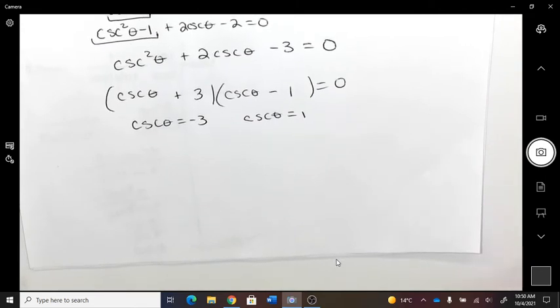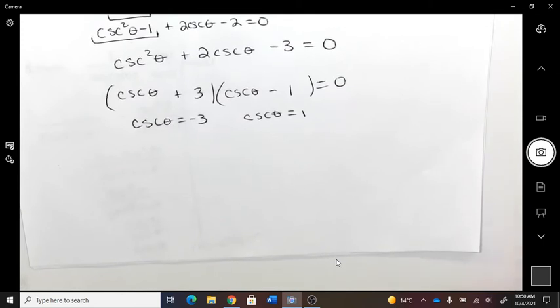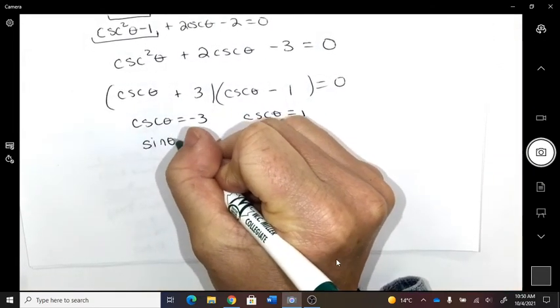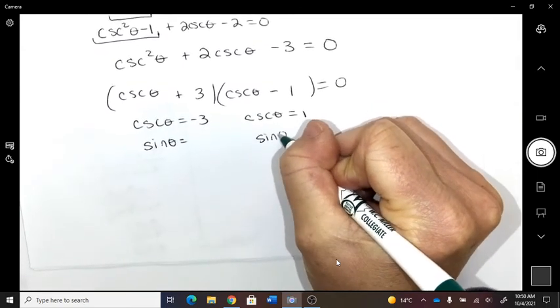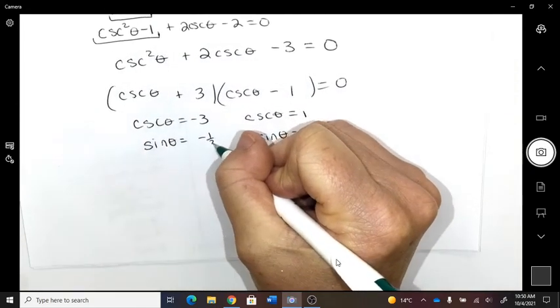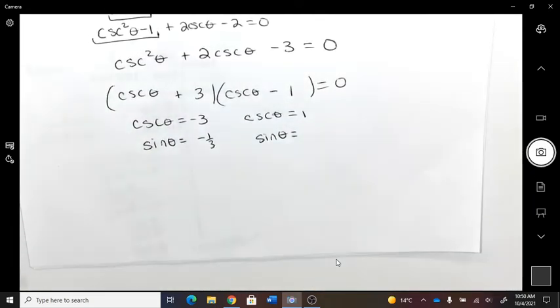Okay, at this point, I need to change it out of cosecant language. So then it's going to change to sines. Okay, and then we're going to be reciprocating, so that turns into a -1/3.